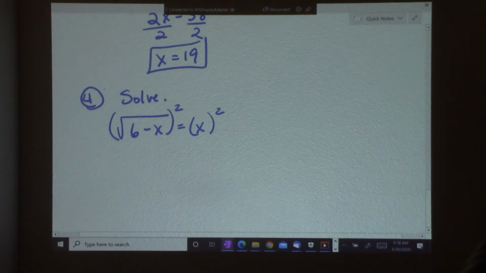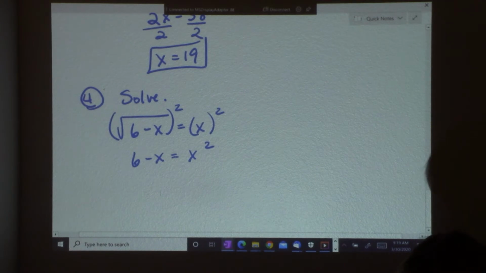And the square root and the power of 2 cancel each other. And x squared is x squared. All right, now how do I solve this? Well, I've got 3 terms. They're a trinomial. So usually we try to factor that.